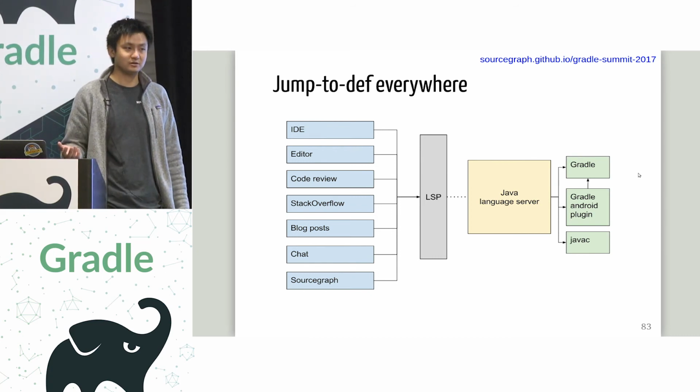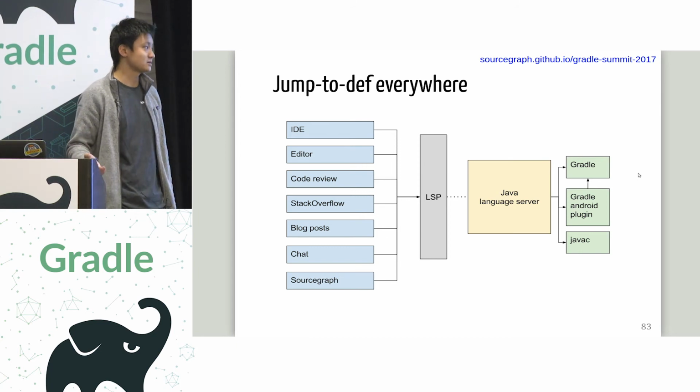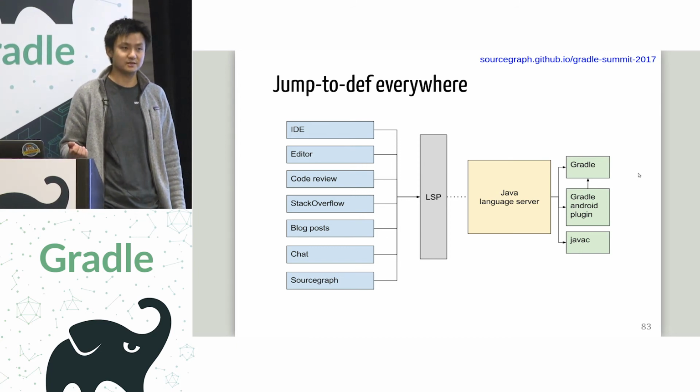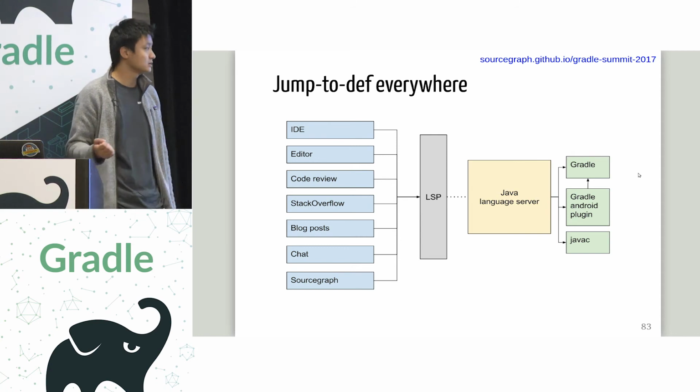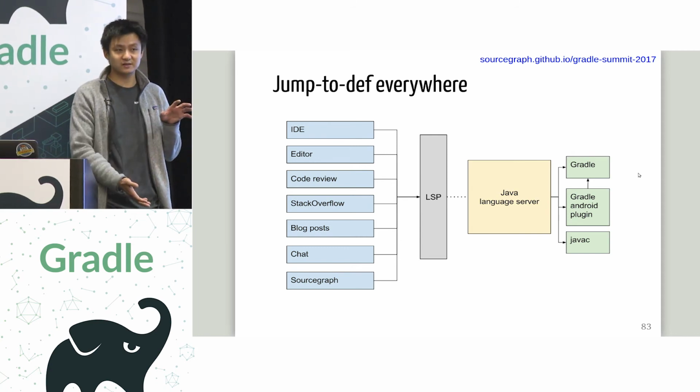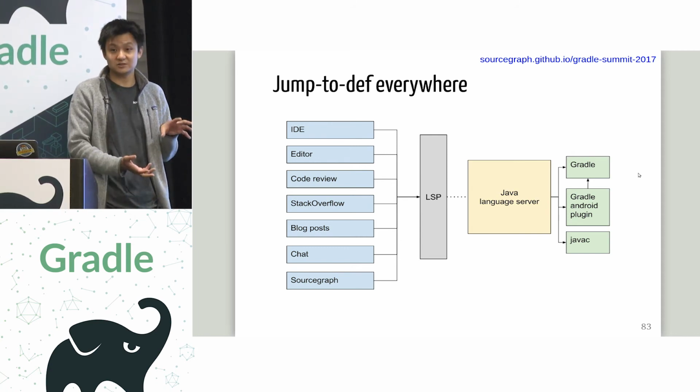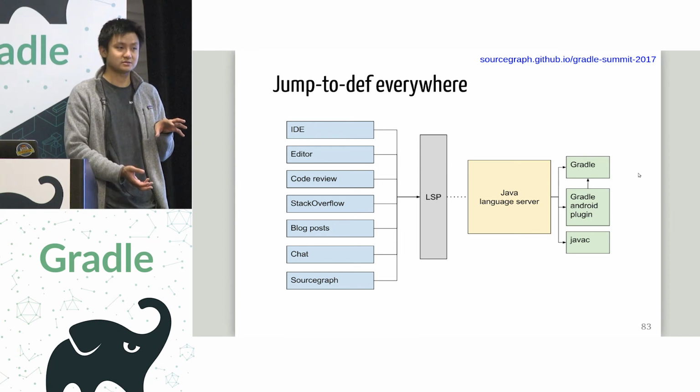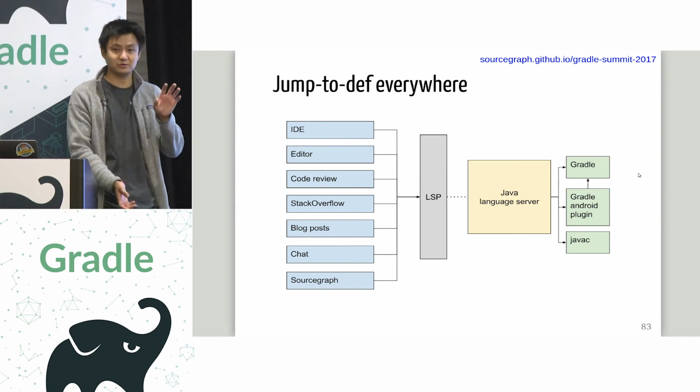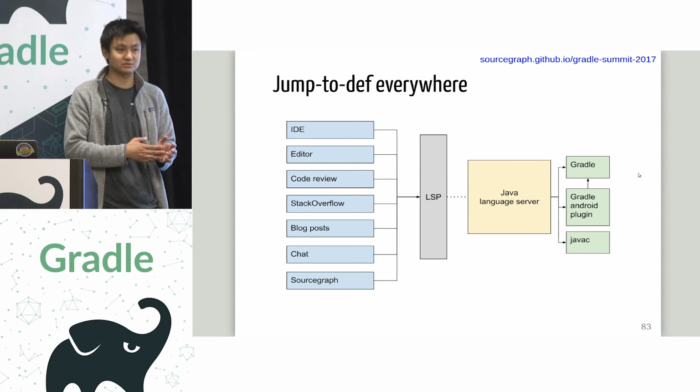And it's this new protocol that's gaining a lot of traction and is starting to be used by a lot of editors, the first one being VS Code, for defining a standard interface for intelligent navigation capabilities in your editor. So basically, the protocol defines a bunch of endpoints that do jump to def, find references, simple search.